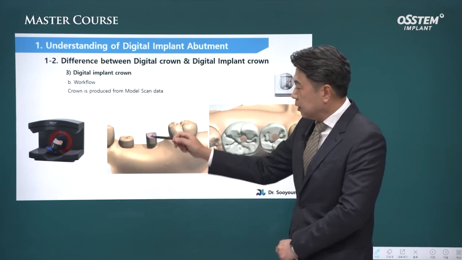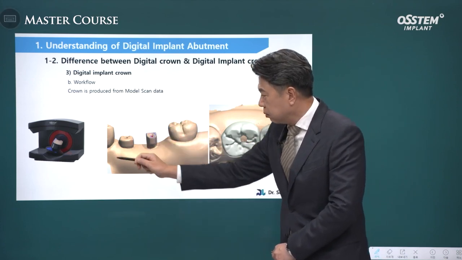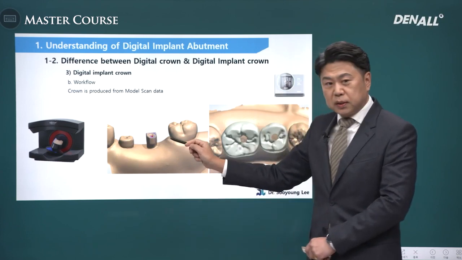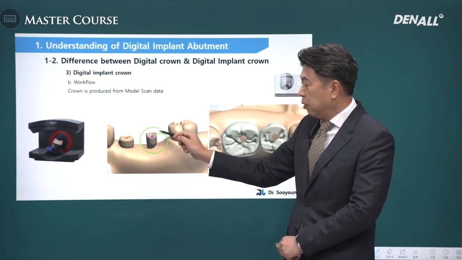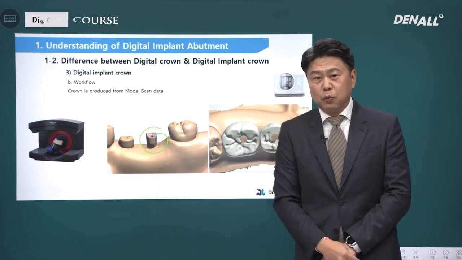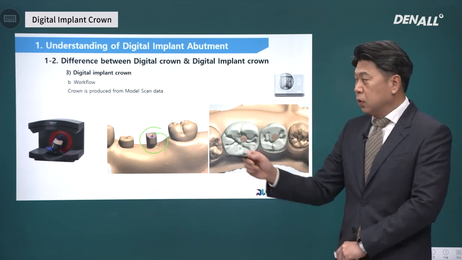Here also, the scan body is not scanned intraorally. The scan body's impression is taken, the whole thing. So a model scanner is used. Why do we need to use a model scanner? As there is no light reflection, an intraoral scanner would be good enough, but many people do not have an intraoral scanner yet.